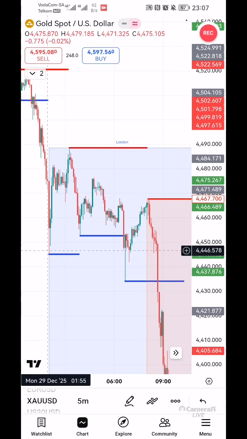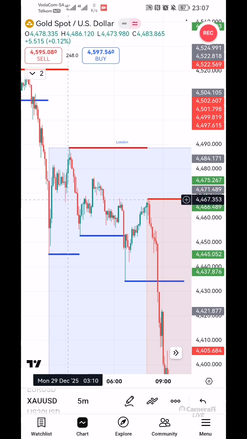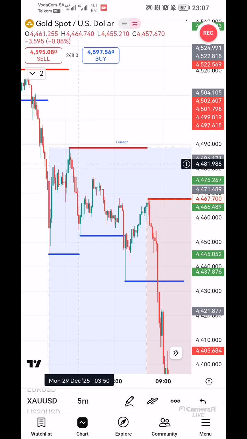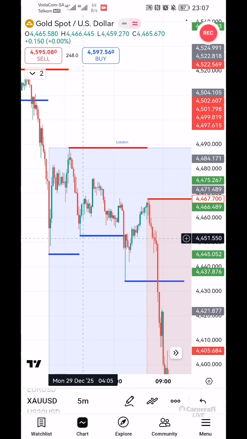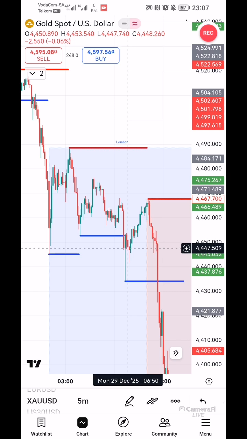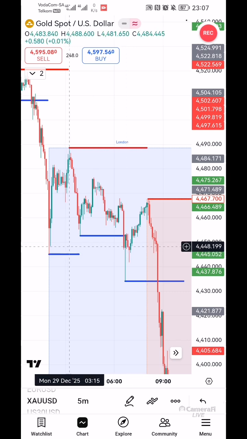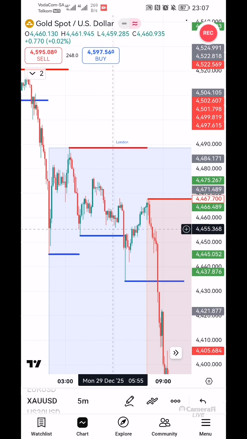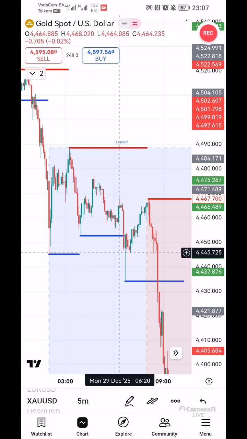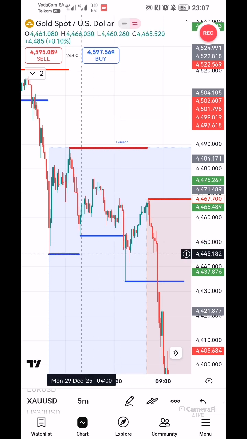The London opens, as you can see, the market opens, it trickles, it creates our resistance there, and then eventually it creates our support, right? It trickles, closes below. We aren't gonna take this trade there because we have this support here.